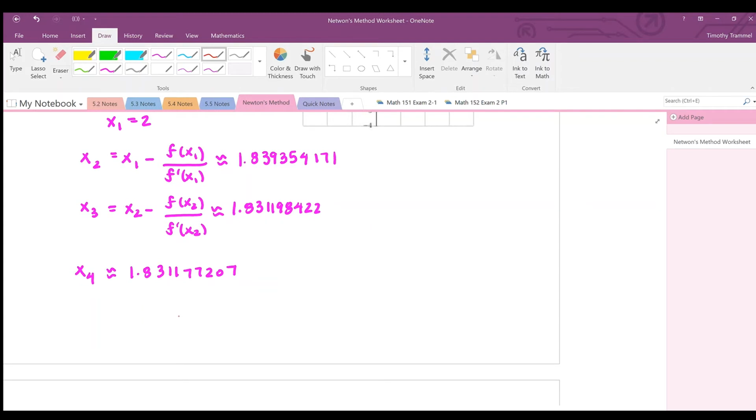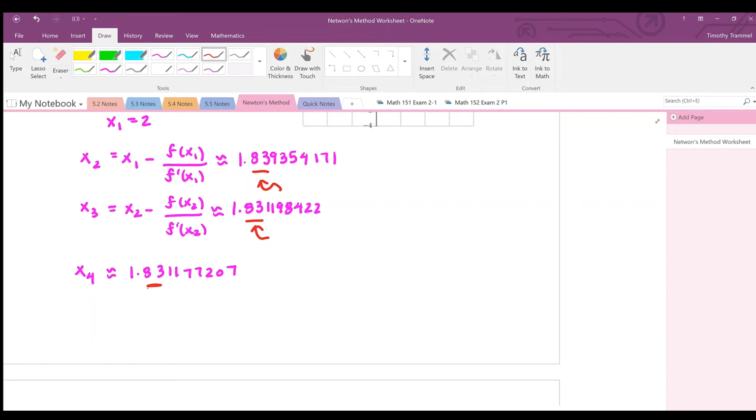Now that we've computed x2, x3, x4, let's think about why we've stopped this process. What I want you to do is just from x2 to x1, notice that we kept the same digit in the 10th place and in the 100th place. And you might notice that we actually kept that even into the fourth one. And you'll see on our calculator, if we were to go even another one further, we'd still keep that 8.3.